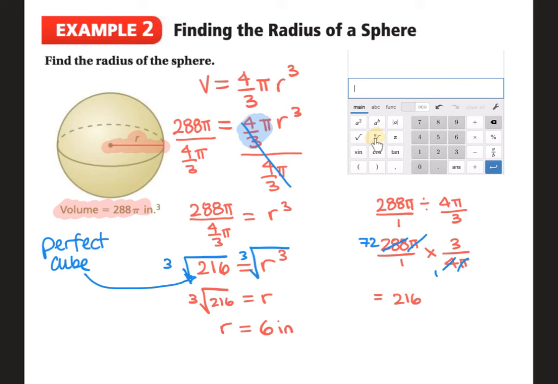You can also change the n value to the 4th root of something, but we're going to be using the cube root. So we are going to use this button, and then at the top here you're going to input that you want 3, and then inside here you're going to put 216, and you'll see the answer is 6. So you'll have to just play around with the calculator if you're not using the Desmos calculator, and make sure on your calculator you know how to find the cube root.